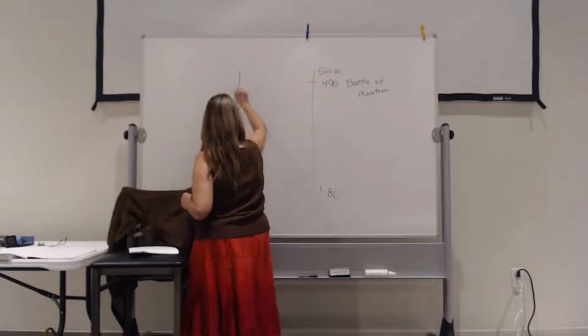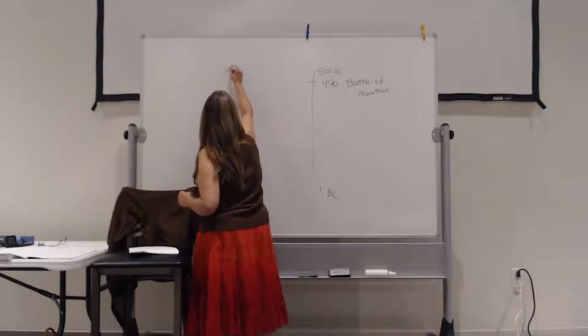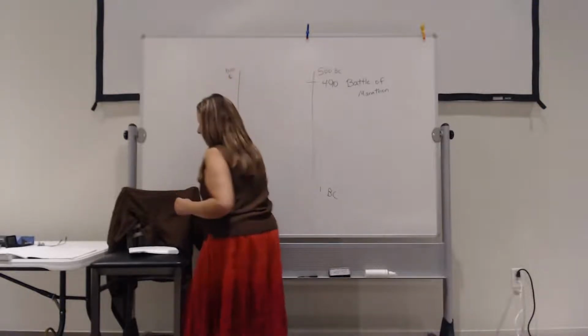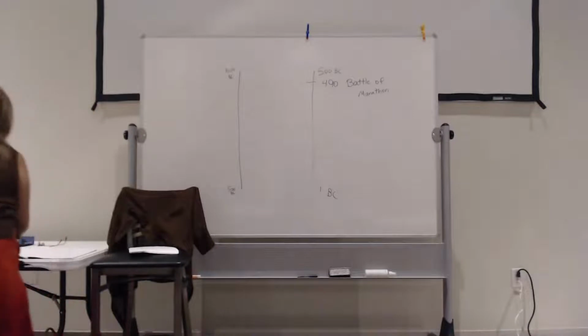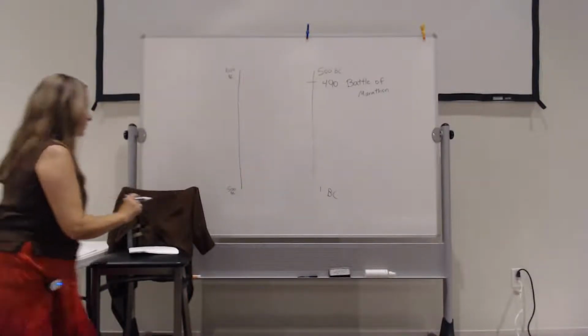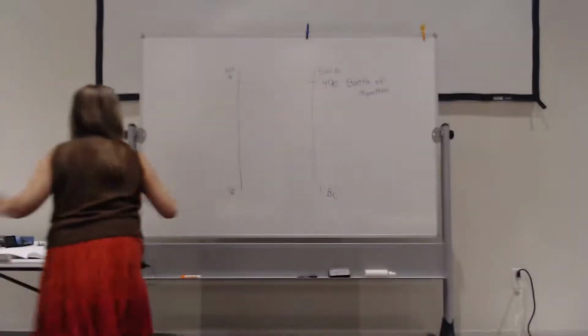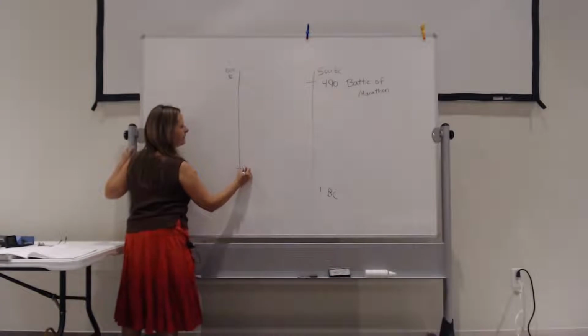The page before that should look like this. It should be 1,000 to 500, if you go backwards a page. Can we also put, let me move this for you guys, 536.